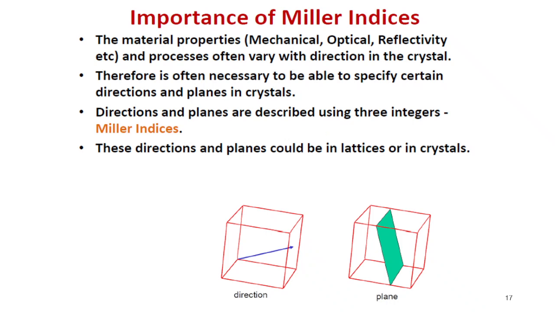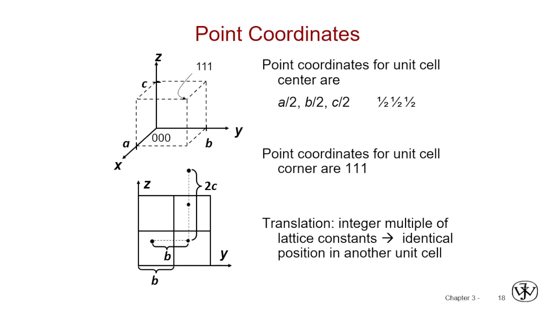Let's go further. In the Miller indices, we have the point coordinates, which we can call intercepts. The intercepts can be at the corners, or they can be in the middle.